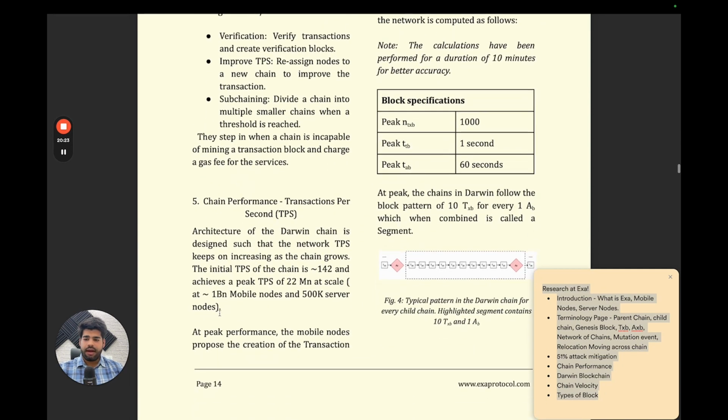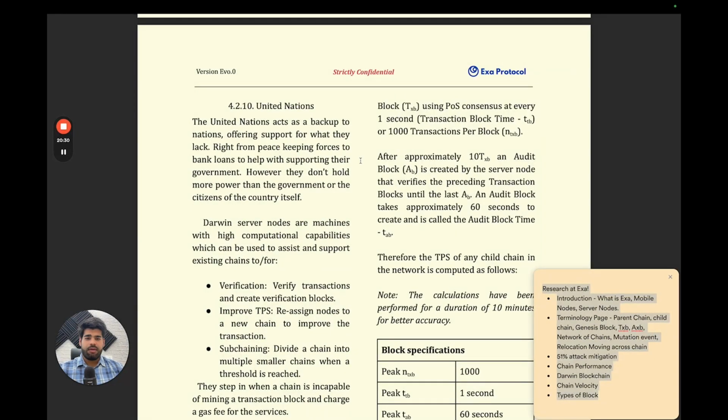At peak performance, the mobile nodes propose the creation of a transaction block using PoS consensus every 1 second. So every second a block can be added to a particular child chain. Whenever I say chain here, it is the child chain.